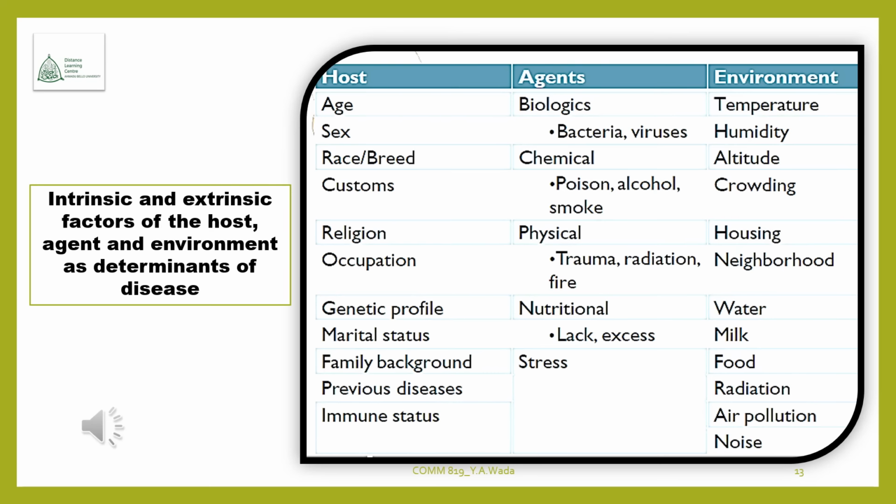For instance, temperature, humidity, altitude, crowding, housing, neighborhood, type of water you drink, milk, food, radiation, air pollution, noise. All these are environmental factors that influence disease establishment in an individual. And you should also know that causal factors rarely act alone. They work together, they interact together for a disease to be established.